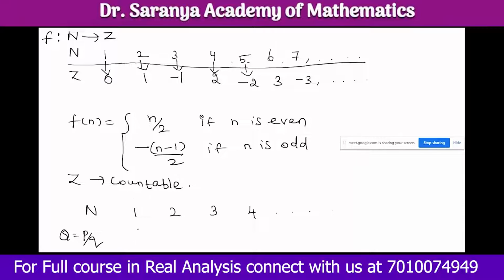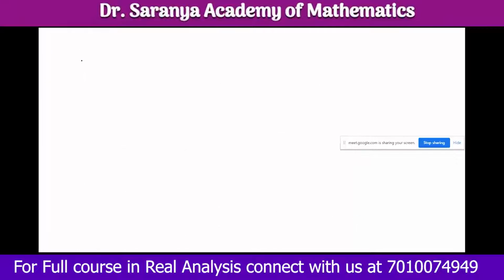So here you can map with 0, 1 by 1, minus 1 by 1, then 2 by 1, 1 by 2. Something like that, you can map each number. So how can we map? You can write it as plus or minus 1 by 1 in a matrix format, right?